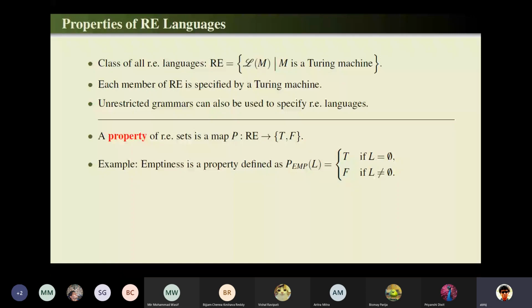Other properties we will see, not in this slide, in the next slide, as far as I remember. Then the question is, how many properties are there?